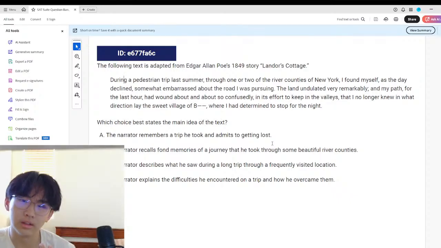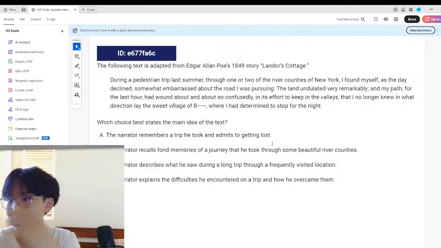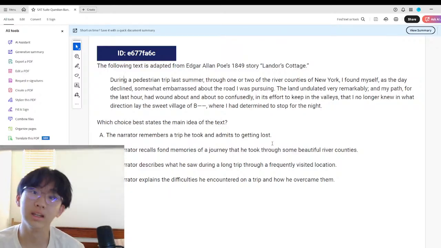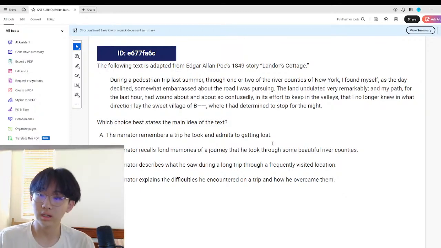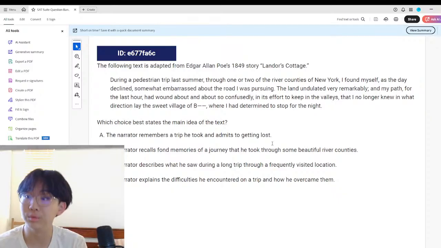So we can already see, using these words like embarrassed, undulated, confusedly, these words portray a negative connotation, and what that means is that to infer the main idea of the text, this is probably going to be something negative.